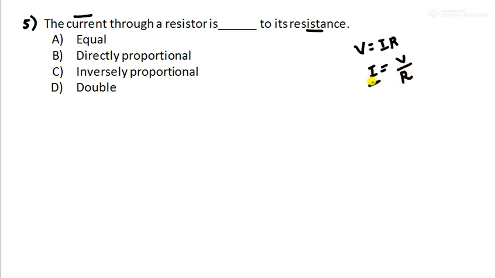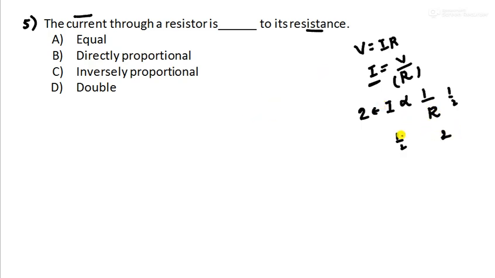So you can see it here. When I is in the numerator, R is in the denominator. It means I and R are inversely proportional to each other. Correct? Inversely means if this is 2, what will this become? This becomes 1 by 2. Okay, if this is 1 by 2, this becomes what? It becomes 2.